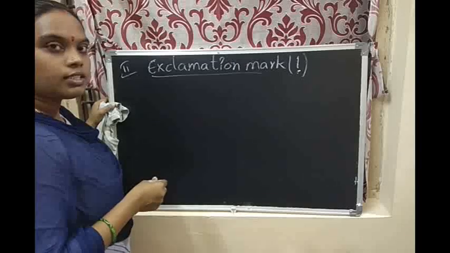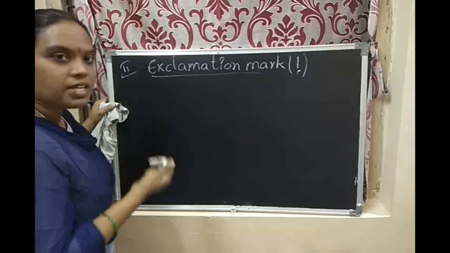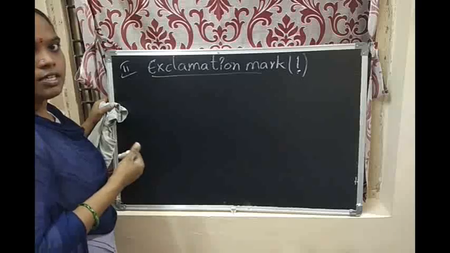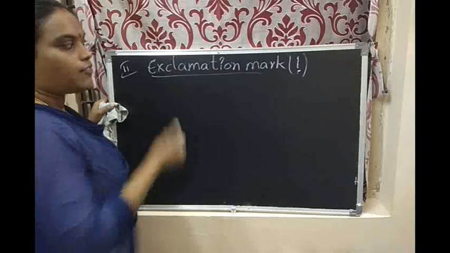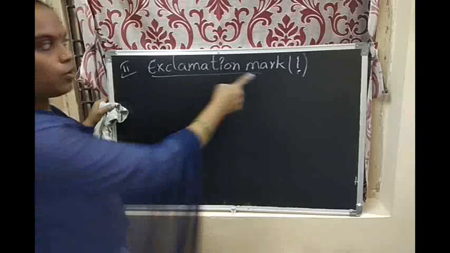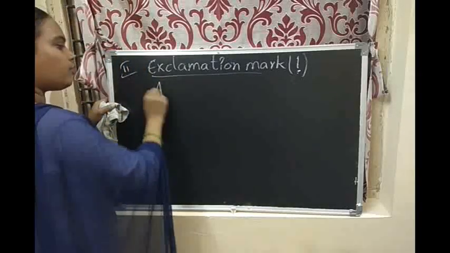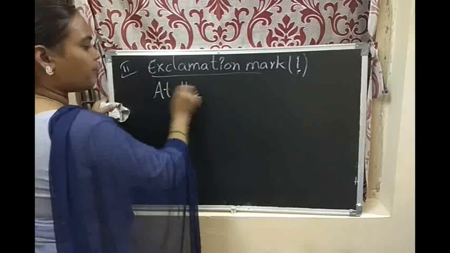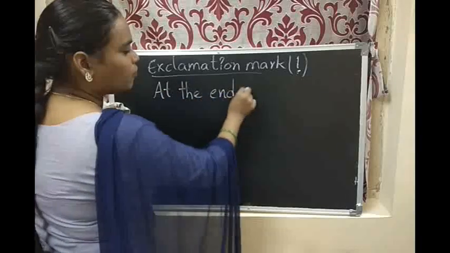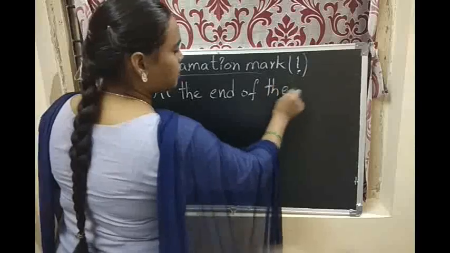Why do we use that? Whenever we have to express our sudden feelings, sudden surprise feelings, we can use an exclamation mark. This is an indication. So we use it at the end of the exclamation.